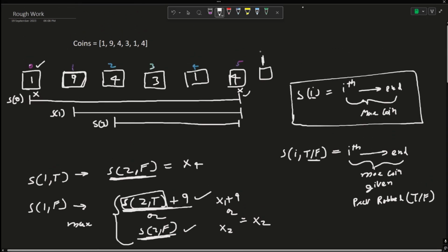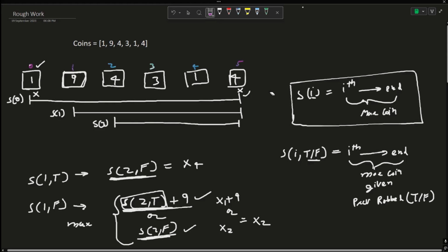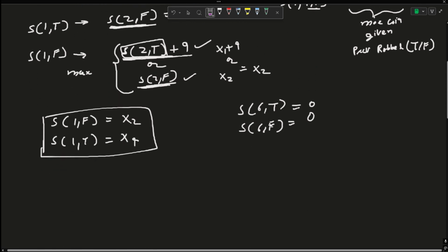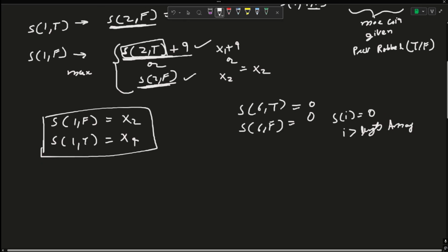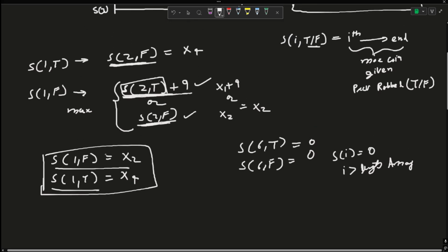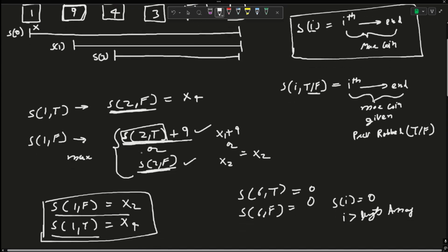If we start from here, i-th here, there is no house here. So the answer would be 0, and here the recursion will stop. So we can say s of i is 0 when i is greater than the length of the array. And here our recursion is getting us answers for all the states. So yeah, our base state is correct.